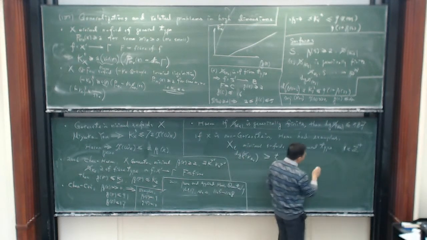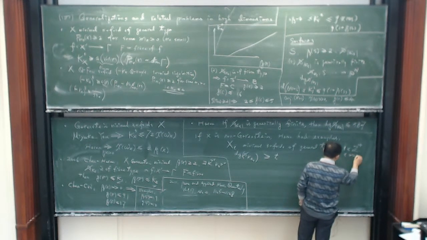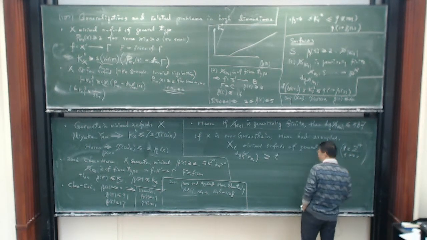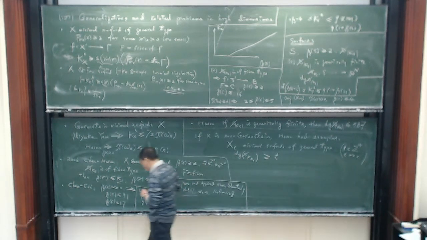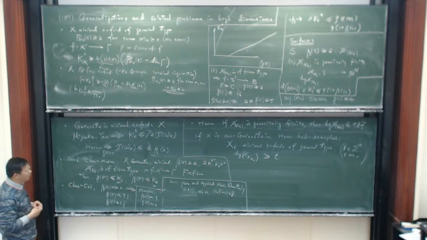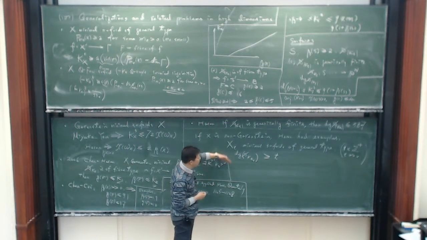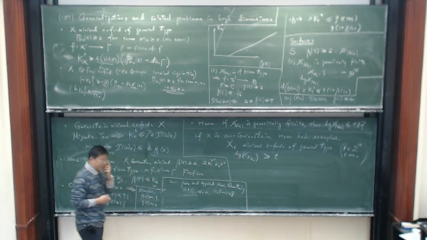Maybe t can be big, arbitrarily large. So that means universally you cannot hope that the canonical degrees are bounded.